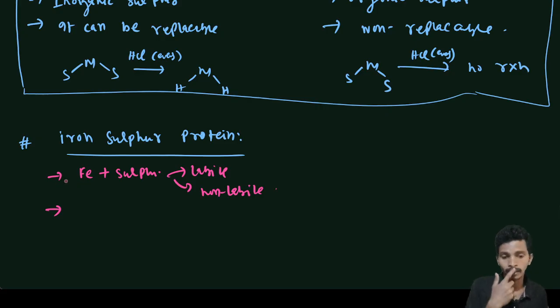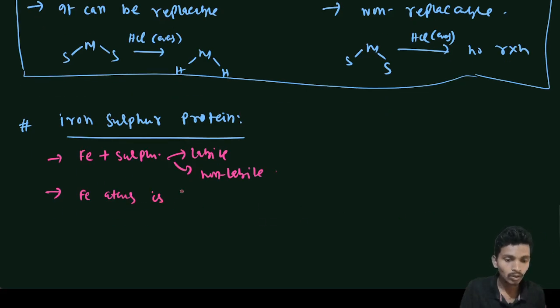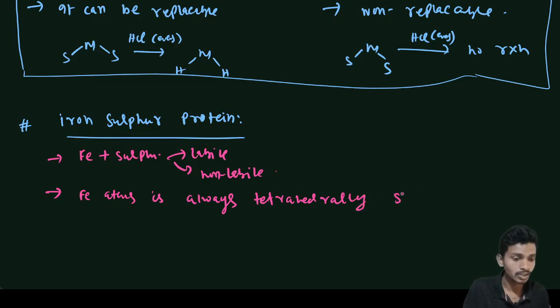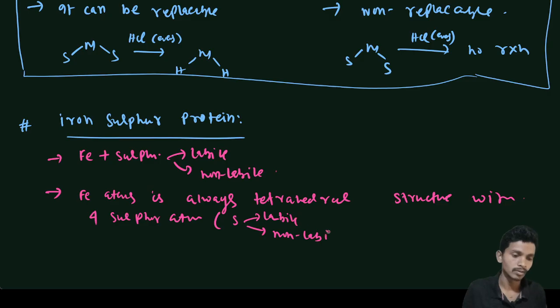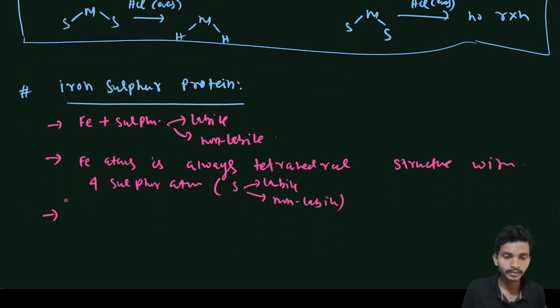About iron-sulfur proteins, wherever the Fe atom is present, it always has a tetrahedral structure with 4 sulfur atoms, and the sulfur can be labile or non-labile.